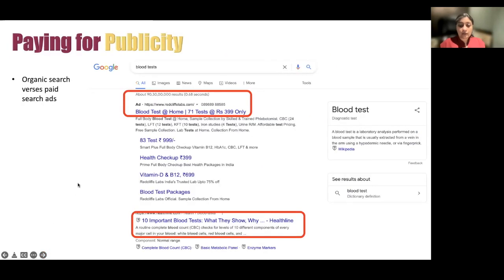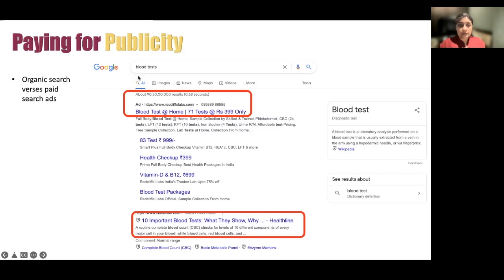Now, obviously, there are paid options for everything. So we have something known as organic search versus paid search ads. Now, when we have two pieces of content, you have the option to promote your content or convert it into an ad where you pay Google to display it on its first page.